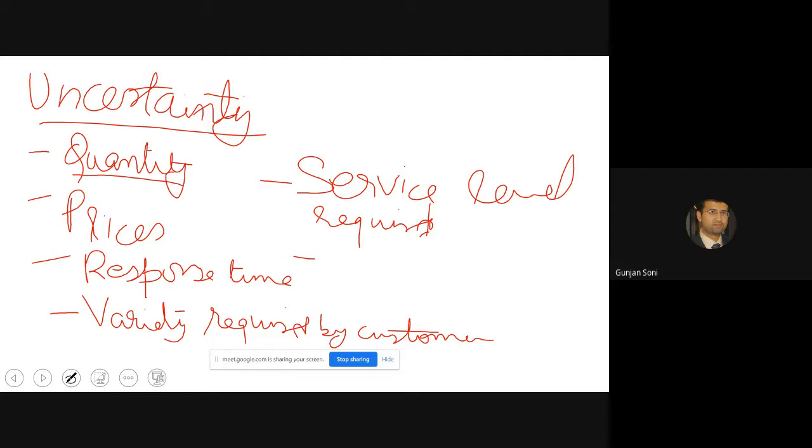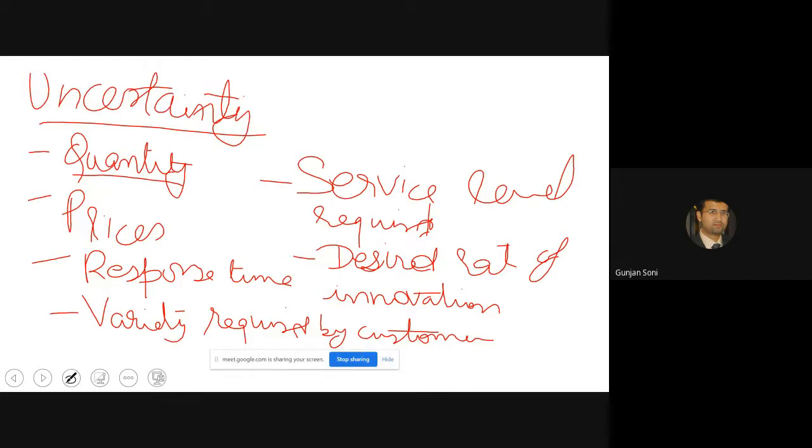Then desired rate of innovation. As Shubhangi said, updates in product features, we can say as desired rate of innovation. If the desired rate of innovation is high in a product, will the uncertainty in the demand of the product be high or low?